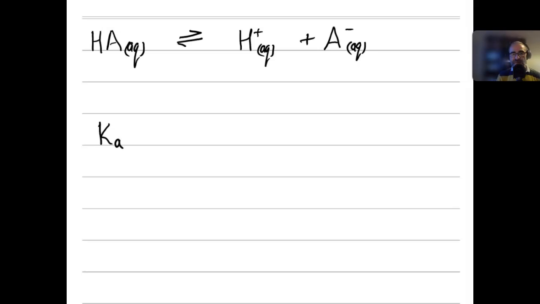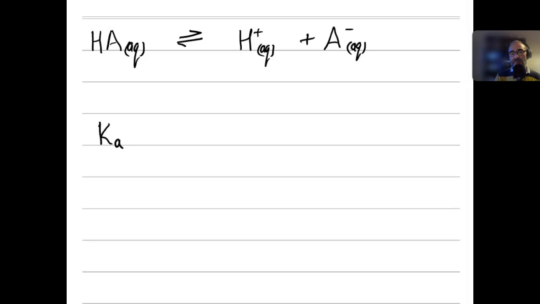How do we write an expression for Ka? Ka being the equilibrium constant for this reaction, and more specifically, it's the acid dissociation constant. So if you remember from our last episode when we talked about how to set up the expression for Kc, the equilibrium constant, that was equal to the concentration of products over the concentration of reactants. Both the concentrations of products and the concentrations of reactants are raised to the number of moles of each in the equation.